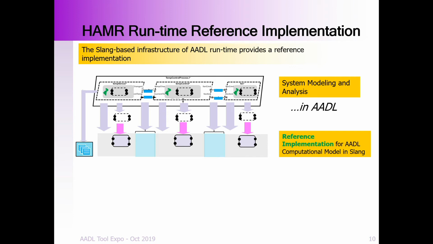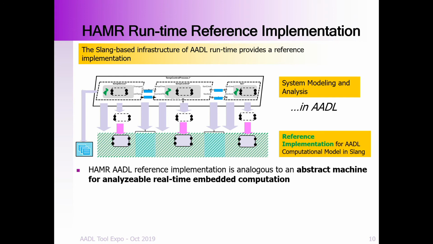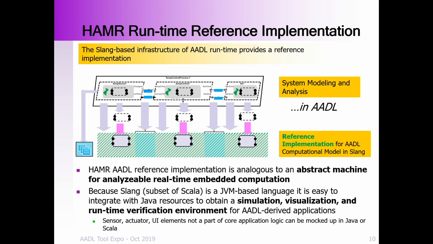We're not claiming it's the reference implementation, but it's a reference implementation for our framework and our semantics. And what that allows us to do is to really have essentially an abstract machine for analyzable real-time computation, and then get all the benefits of working in a JVM-based framework where you can hook up to other sorts of enterprise tools for that.